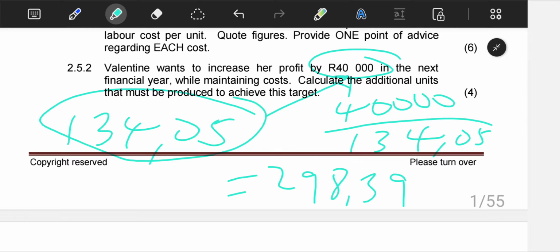So, you cannot have a comma 39 of an overall. So, even if the number here is less than 5, you still have to round it off to the nearest unit. So now you're going to have your 299 instead.